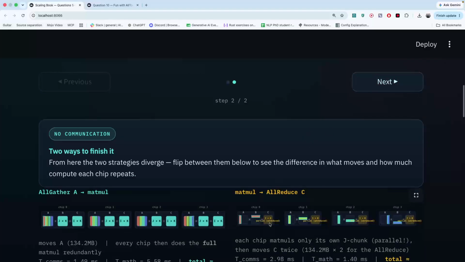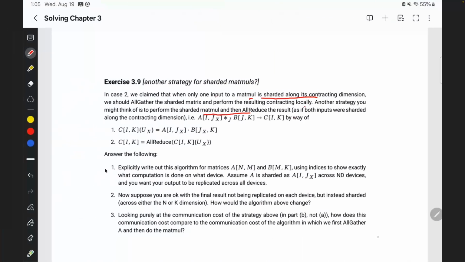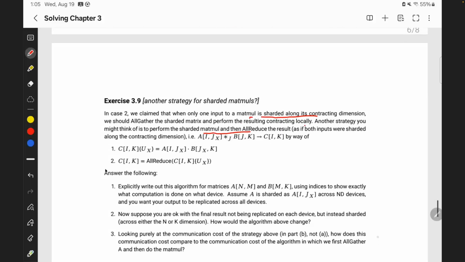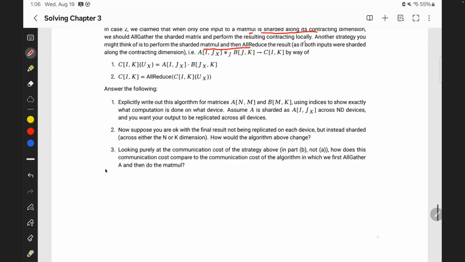Then you have to do an all reduce to get the results, so that the results on all the GPUs are the same. But all reduce is twice as expensive as all gather, because all reduce is reduce scatter plus all gather.